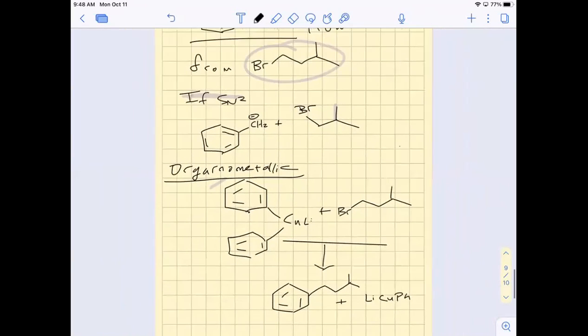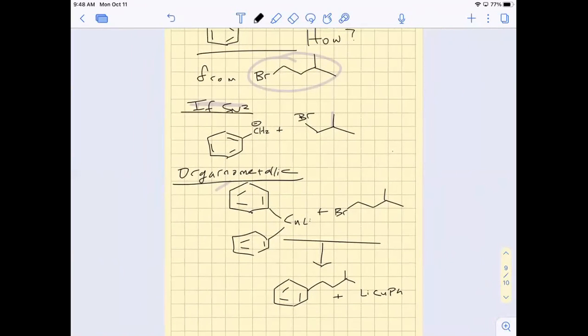But see, this is the beauty of chemistry, right? Like the old people used to say, more than one way to skin a cat. There are always multiple routes to get to a specific target. That's why it's so important to have a basis of knowledge about how to make certain types of bonds.